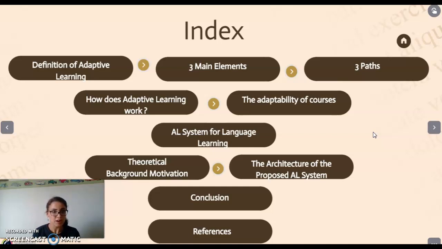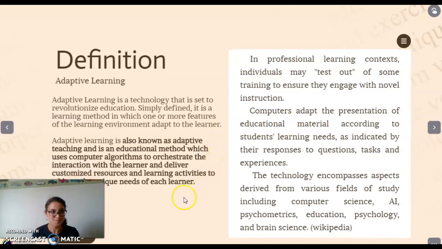What is the background motivation, and what is the architecture of the proposal of an adaptive e-learning system. I can't speak on this topic because Nurgül will explain it to you. And let's go. We start.